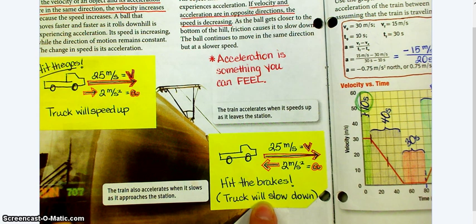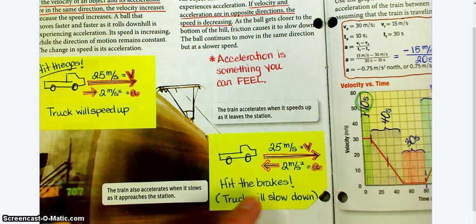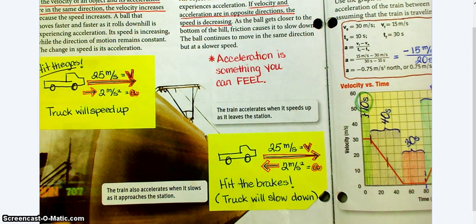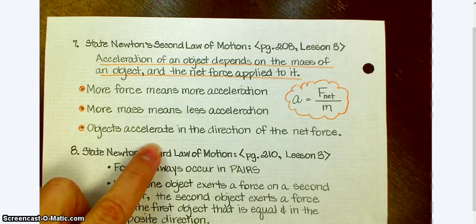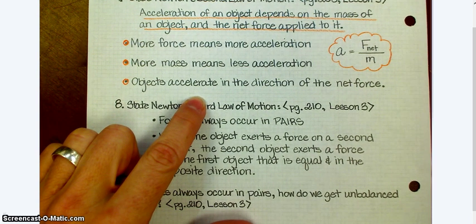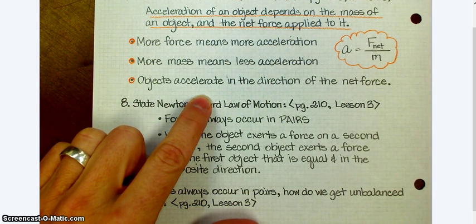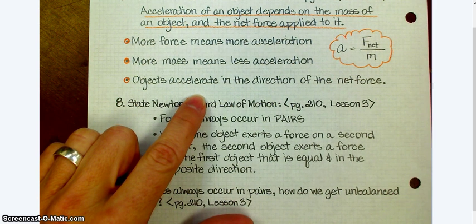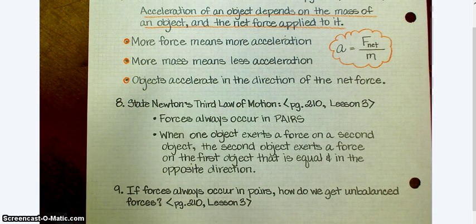The truck doesn't move to the left. The acceleration is to the left, okay? Which basically counteracts the velocity that's to the right. And that's why the truck slows down in that case. But that's what I'm just reminding you to really be careful. Objects accelerate in the direction of the net force, but notice I did not say that objects move in the direction of the net force. That is a really, really important distinction. And think of the little truck situation to help you out.